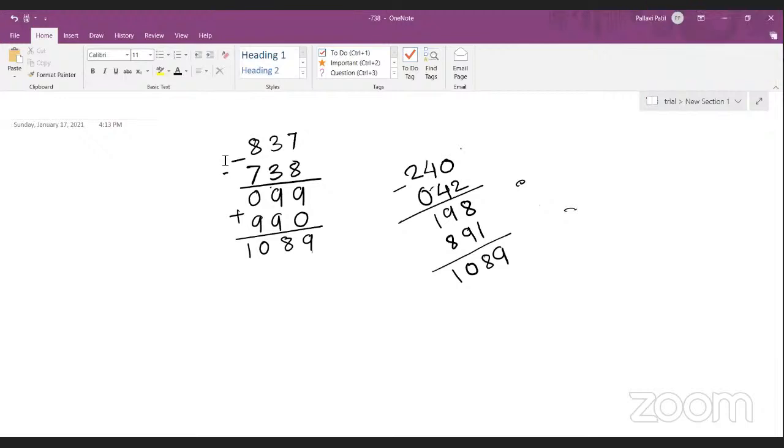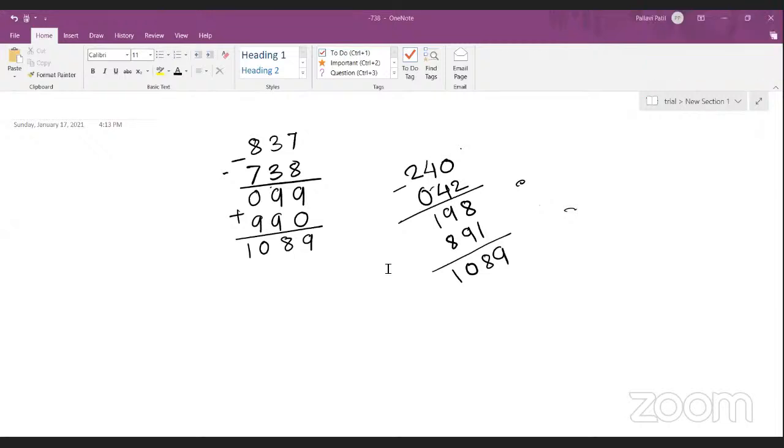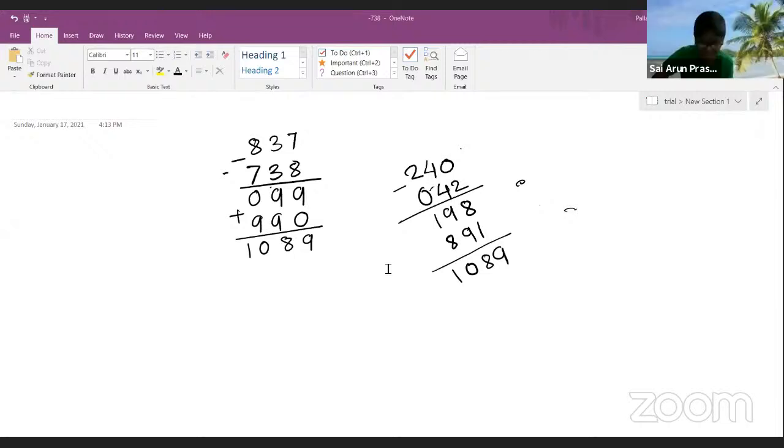There are a few more doubts. Sai Arun Prasad Sundar. I mistakenly forgot to lower my hand, but I have a question. I found out for 2-digit numbers that it comes like this. How is it happening is something I don't know. But why is it happening? I found it in a few numbers.